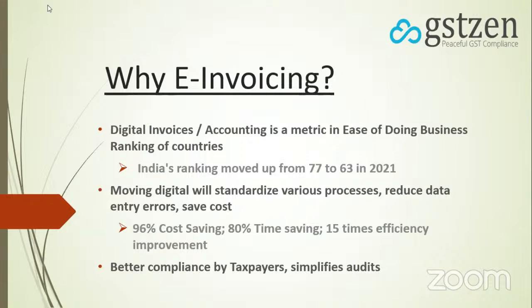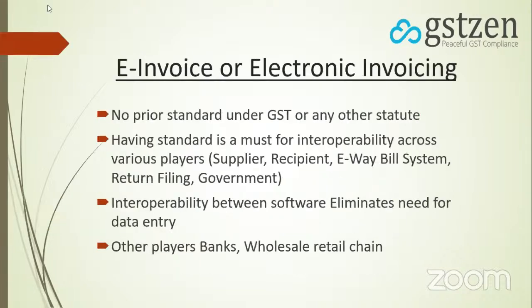Because of that, India's ranking has moved up from 77 to 63 in ease of doing business. By implementing e-invoicing, it has been observed that it reduces 96% of the cost, 80% time, and it makes the process 15 times more efficient. It also results in better compliance by the taxpayer and simplifies audits.